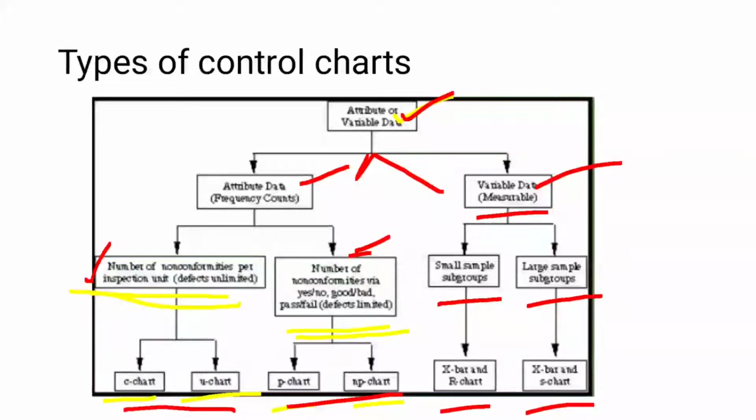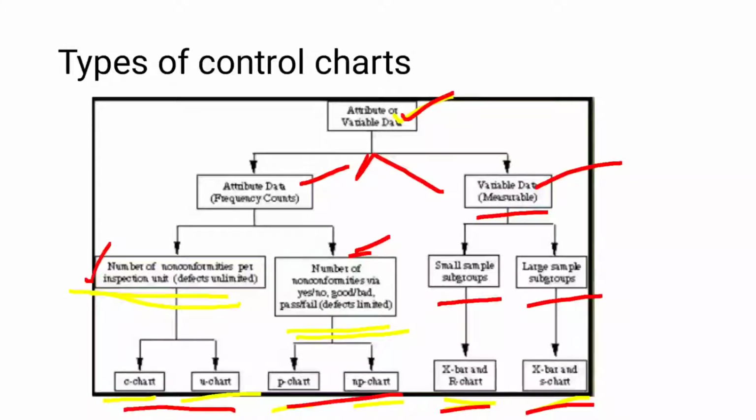Whereas in variable data, as we can see in the table, for the small sample subgroup we have the X bar and R chart, and for the large sample subgroup we have the X bar and S chart. These are the charts used in variable data.